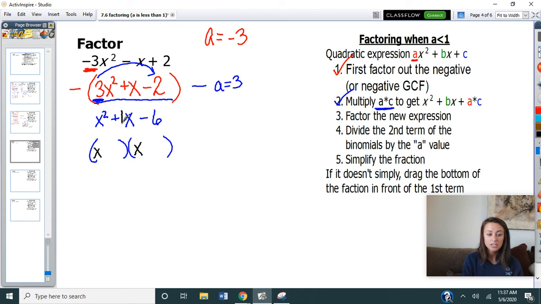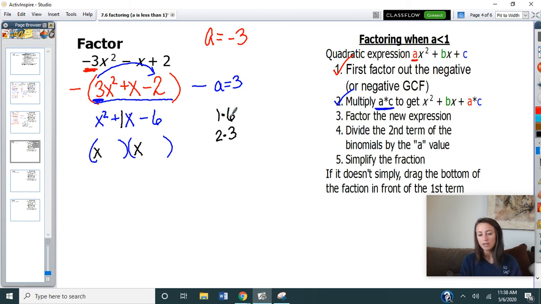We don't see a 1. So let's figure out what multiplies to give me 6. 1 times 6 and 2 times 3. That's it. But it's -6, which means one of these factors has to have a negative. So you have to figure out which one is going to have the negative so that when you add them, you get +1.